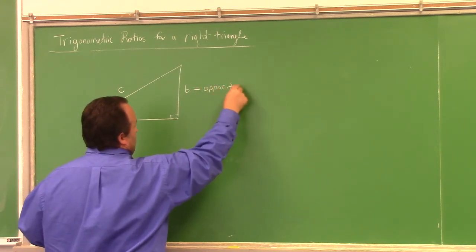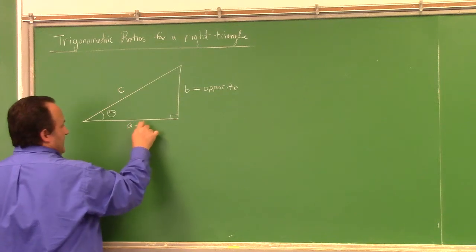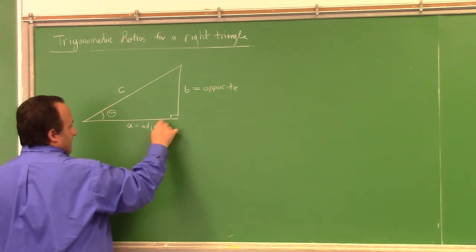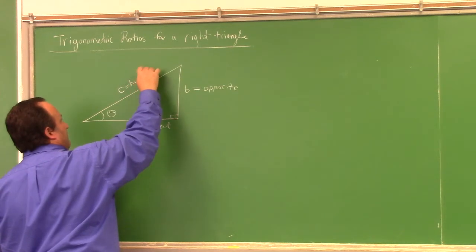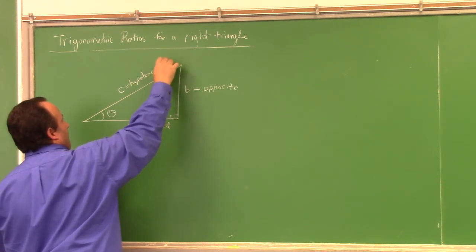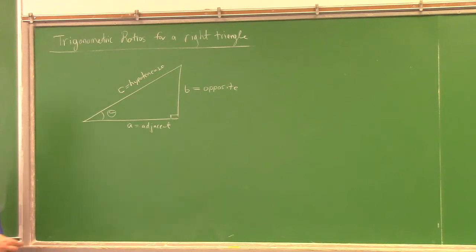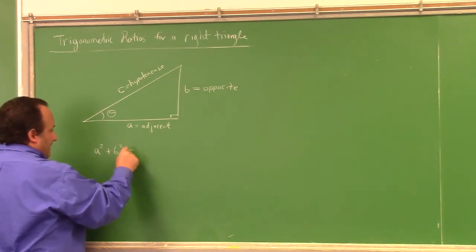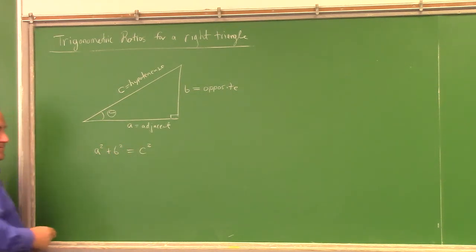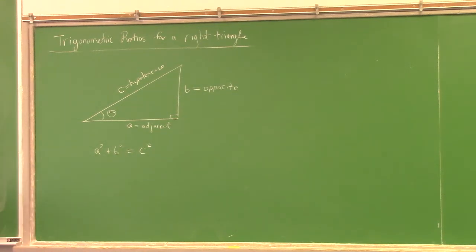In fact, we'll use this language, the opposite side, the adjacent side, and of course, C is the hypotenuse. So what do we know about a right triangle? Well, we know the Pythagorean theorem: A squared plus B squared equals C squared. Good to know. But we can also define six interesting trigonometric ratios for such a triangle.